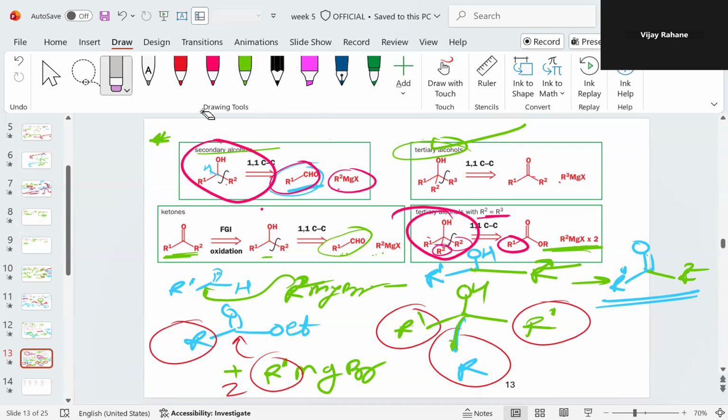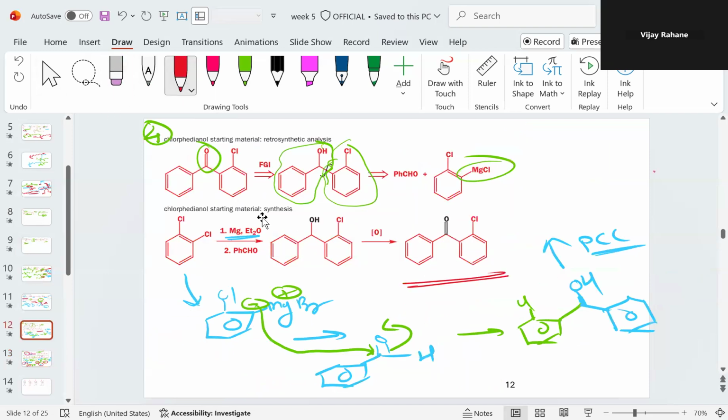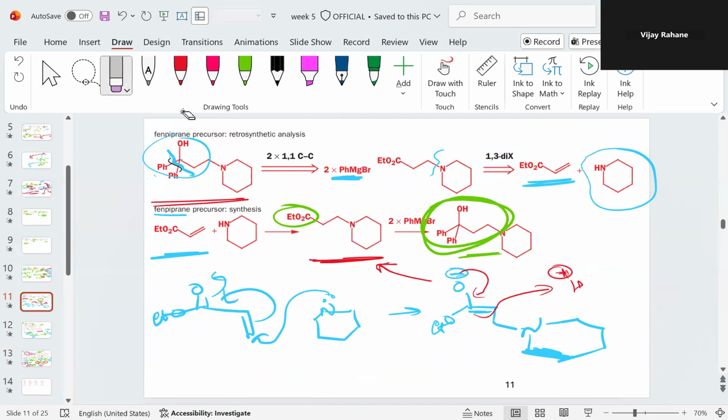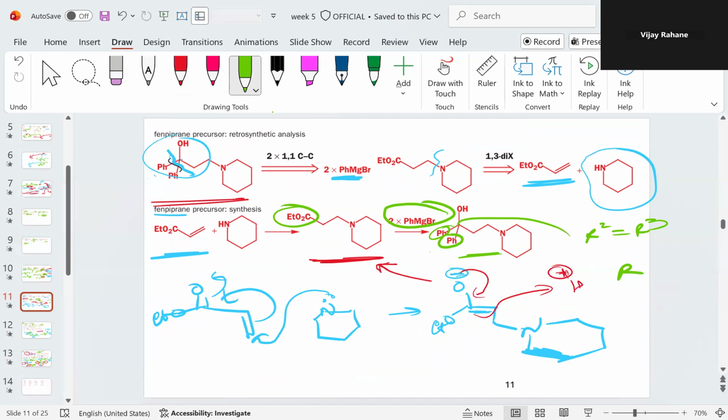Then we get these two equivalent R's in our target molecule. The same example I have also shown, where we used two similar Grignards, which gives this type of alcohol in which you can see R2 and R3 are equal and R1 is different. So this R1 part is different and the two R groups are the same.